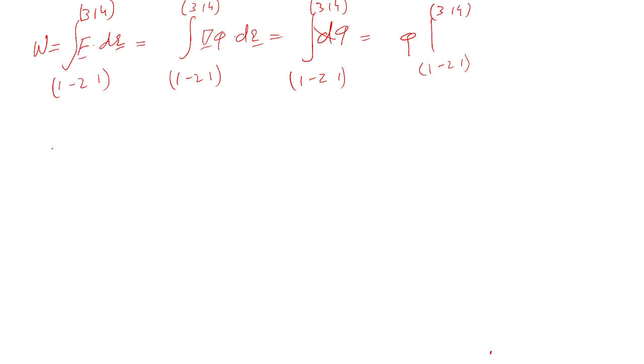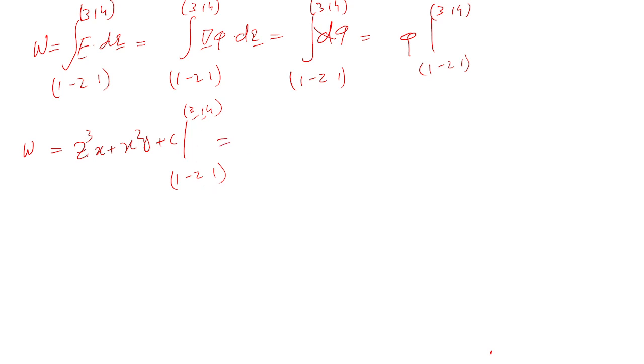So what is phi? Phi is z cubed x squared y plus c, and we evaluate this phi from the point (1, -2, 1) to (3, 1, 4).